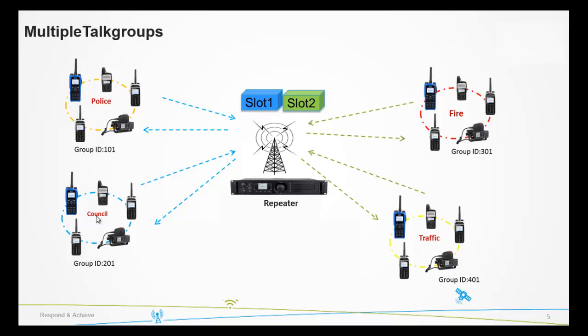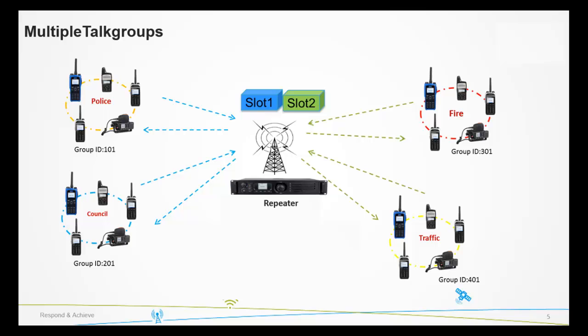All of this is done simultaneously, at the same time, because they are of different slots. But the good thing here is you are just using the same frequency. You are not adding another frequency to the system.